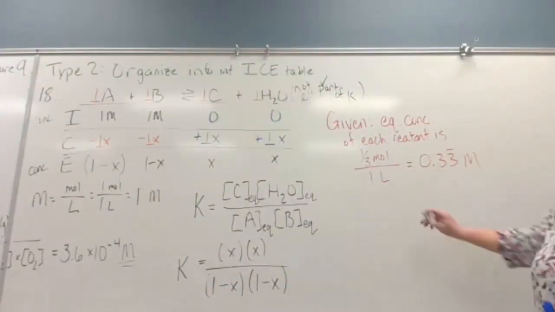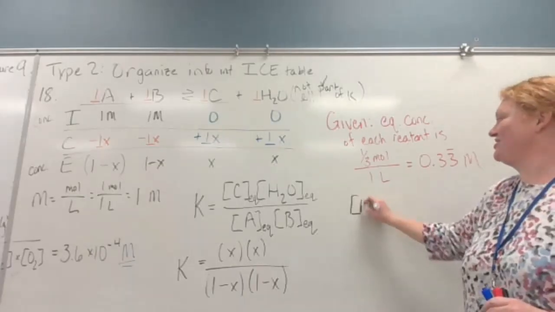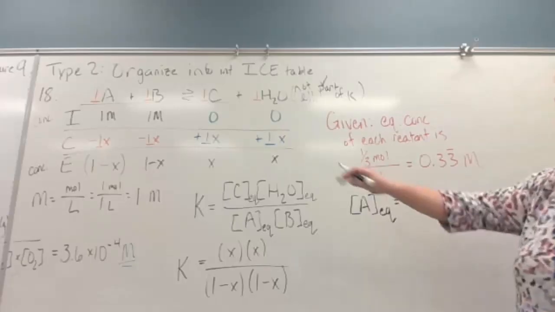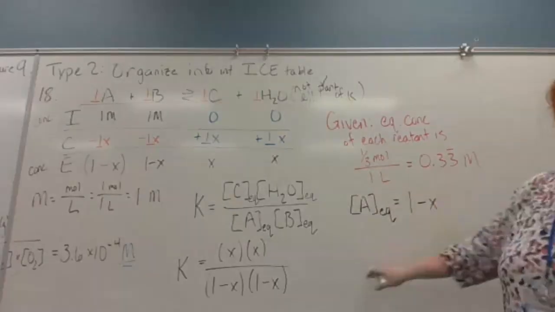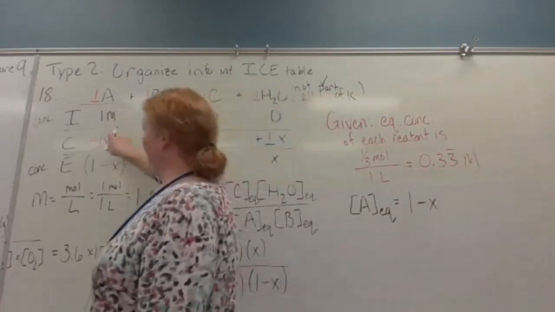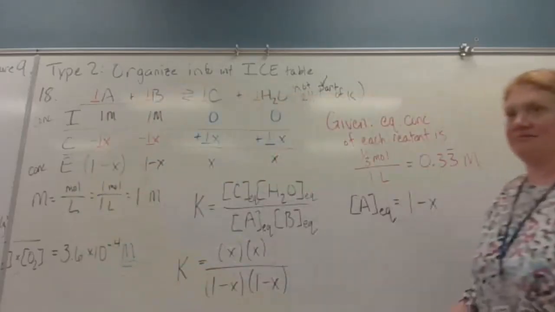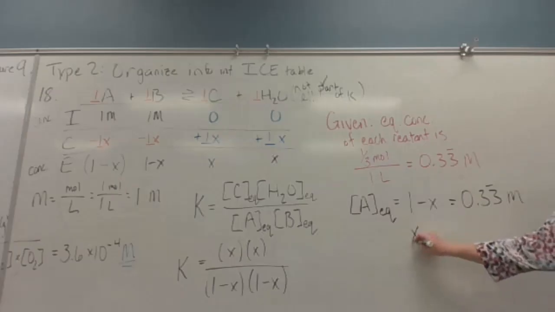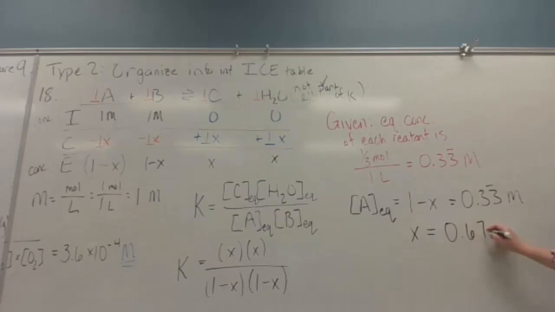Yes. If the concentration of A at equilibrium equals 1 minus X, according to my chart, it's 1 minus whatever the change is, right? And then at equilibrium, I'm telling you that that number's got to equal 0.33. What is X? 0.67, 0.66666666. Yeah.